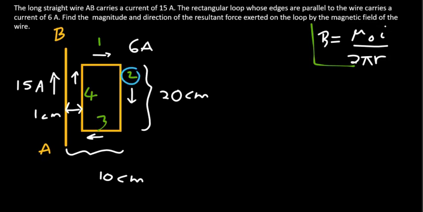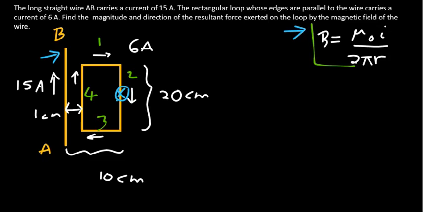Segment 2 of that loop has a length of 20 centimeters and it is at a distance of 10 cm from that long wire. According to this result, the magnetic field due to this long wire on segment 2 would be in the direction of into the board, as represented by that cross.